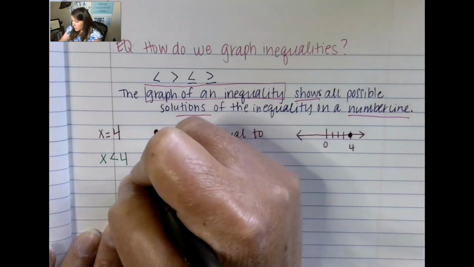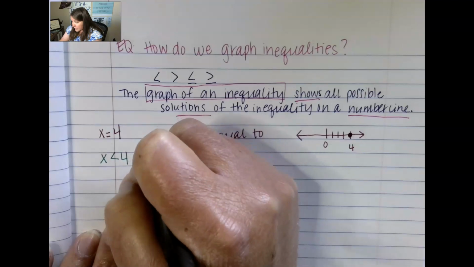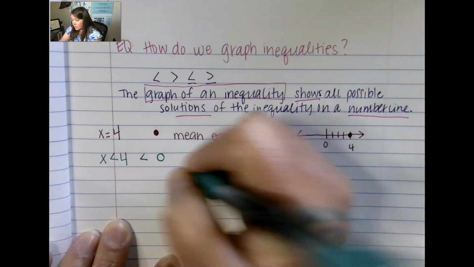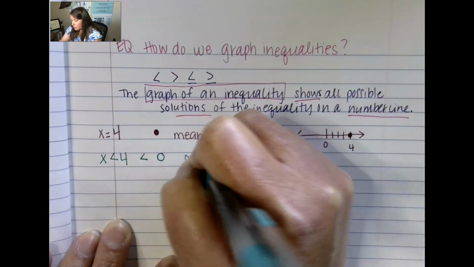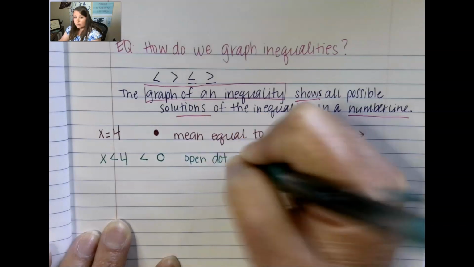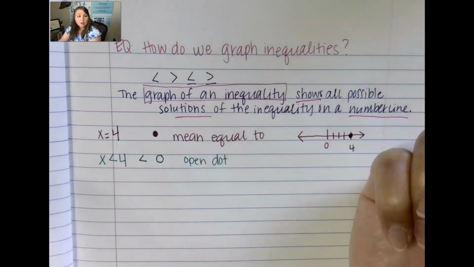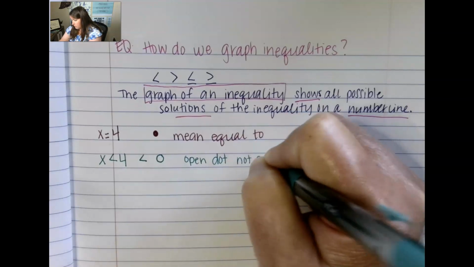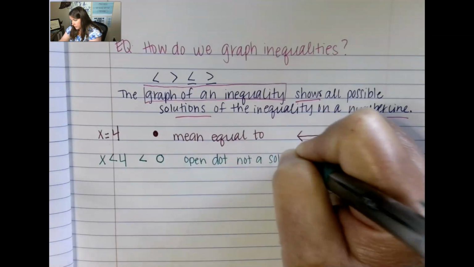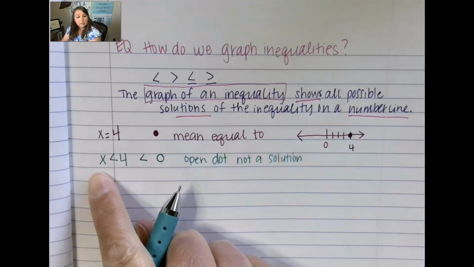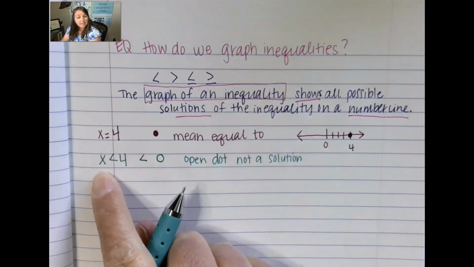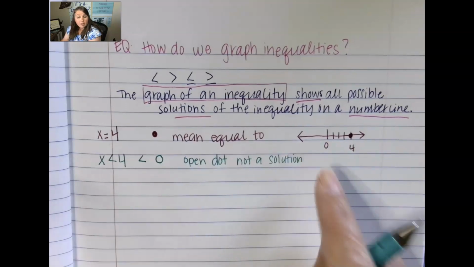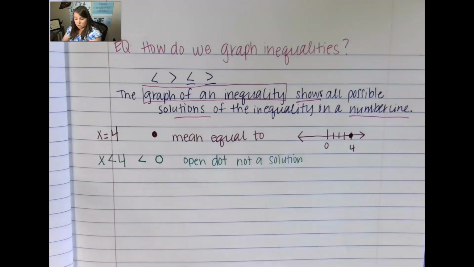So when we use a less than sign, we're going to use an open dot. It doesn't equal. So that means that it's not a solution. So in this case, 4 is not a solution for x. It means that x has to be everything under 4. Like 3, 2, 1, 0, anything underneath it would be a solution.